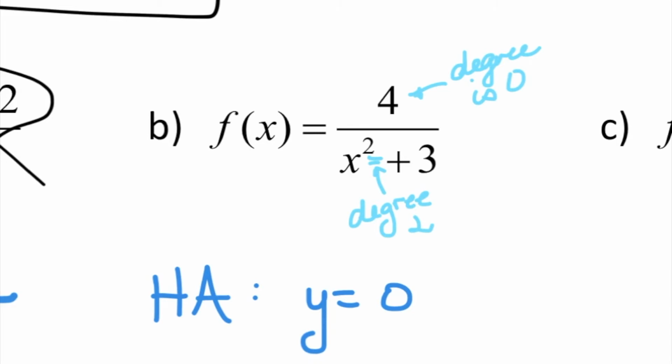If the degree of the denominator is bigger than the degree of the numerator, that means that as x goes to infinity, the number in the denominator gets bigger faster than the number in the numerator. And so the value of the whole fraction is going to get infinitely close to 0.